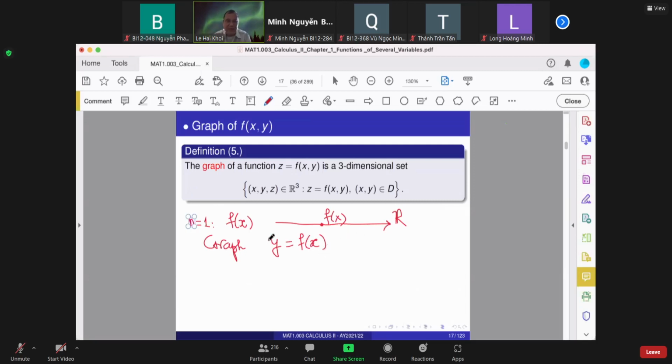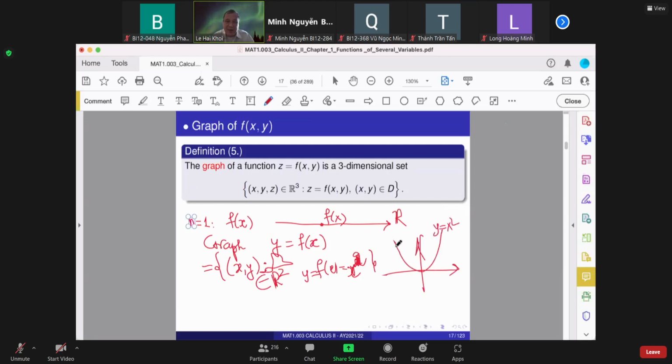And it means that the graph is the set of points (x, y) in R2 for which y equals f(x), for example y equal to x squared, which means you already have in R2 one dimension more, right? So in this case you have this graph. Graph already in R2 because you need two coordinates.